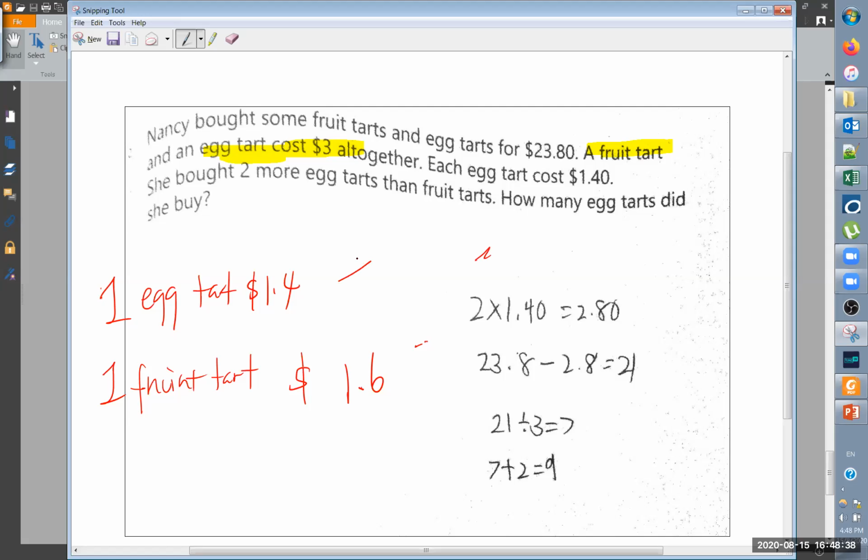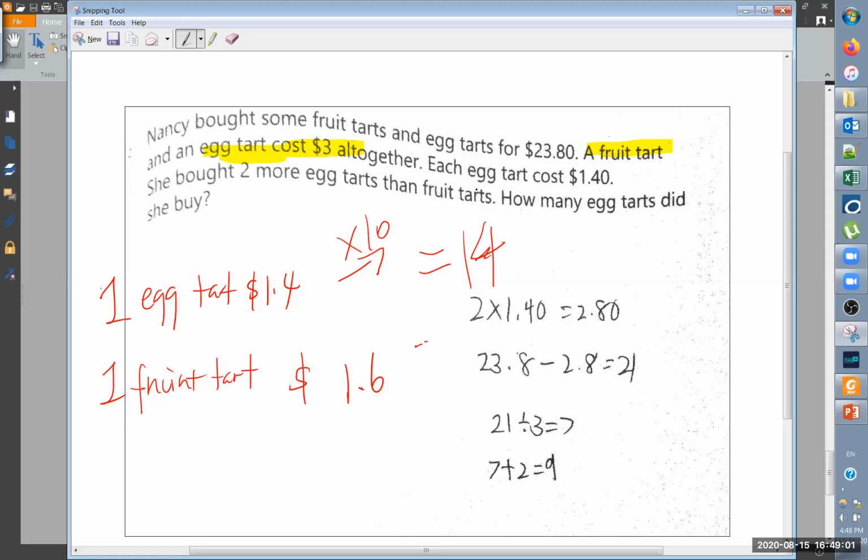So imagine I have 10 egg tarts. If I buy 10 egg tarts, I'm supposed to pay how much? Very good. So 10 egg tarts, I'm supposed to pay $14, right?